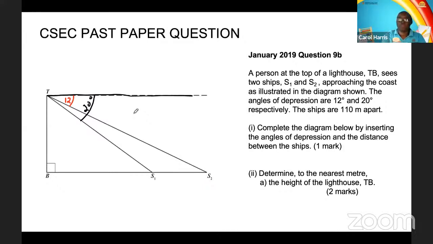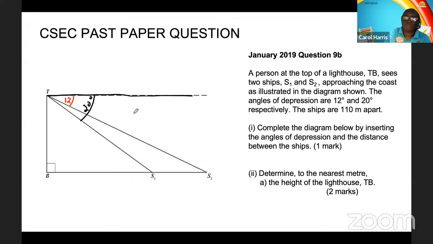Less. So hence why you have that 12 degrees, which is touching the line that is labeled S2. You see that? So it's from the horizontal line to the line of sight to the object.